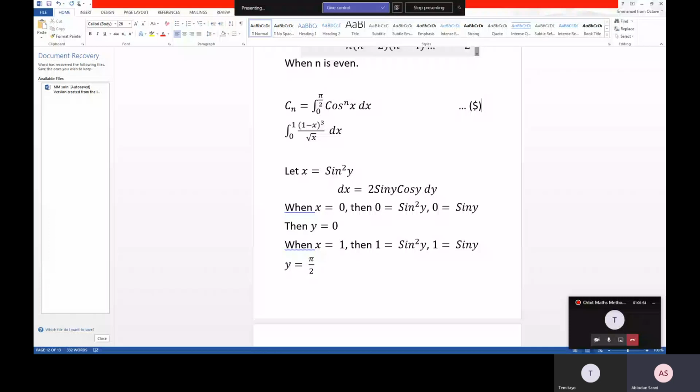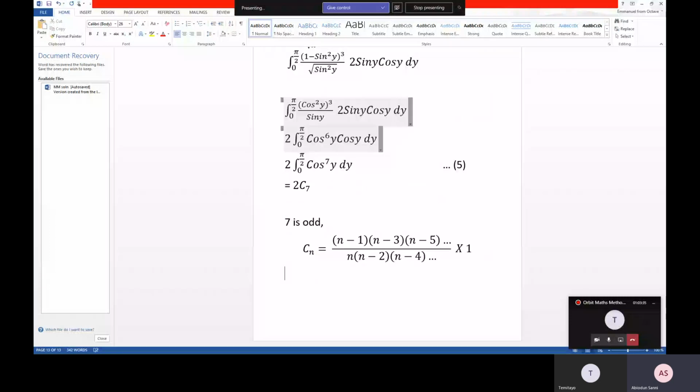So by using this formula, C7, since n is this, will be 7 minus 1, 7 minus 3, 7 minus 5.